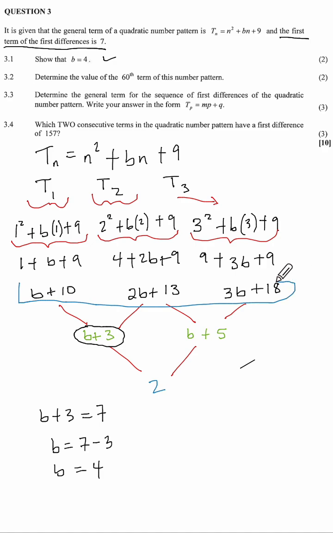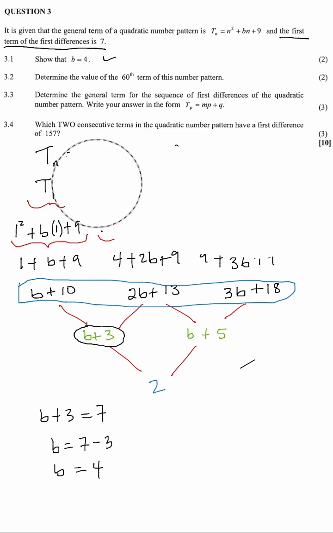The first 3 terms is this, right? Now that we know that b is 4, we could substitute 4 here, 4 here, 4 here to find the actual numbers, and also even here. So if I were to substitute, let me remove a few things here.